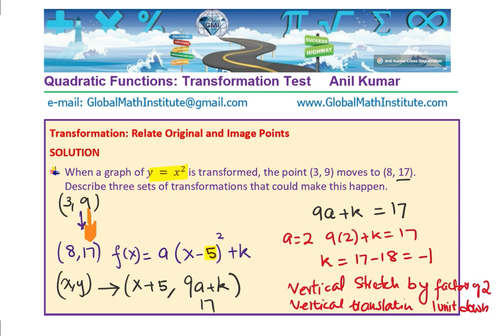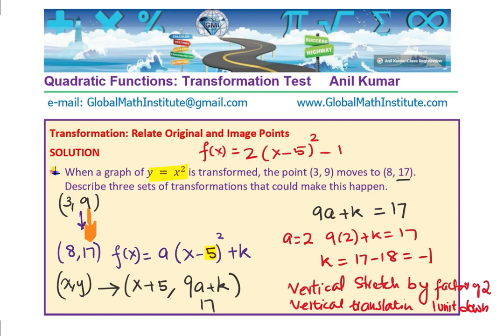So we get one of our results. In that case, the equation could be f(x) equals 2 times (x minus 5) squared minus 1, where we have gone 5 units to the right and k is 1 unit down. So that is one possible solution. You get the idea, correct?